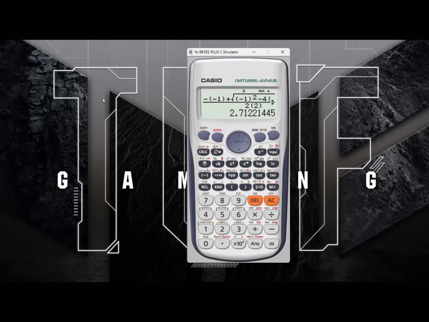They wrote it for us under instructions that if necessary, we need to round off our answers to 2 decimal places unless otherwise stated. So that's why I'm writing it as 2,71.